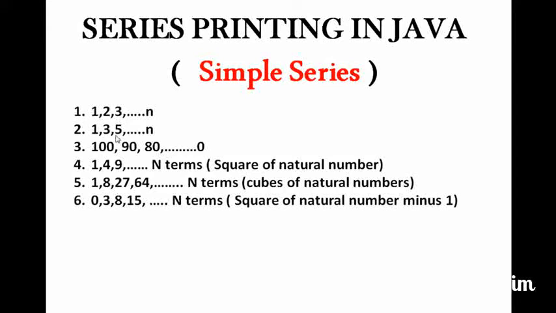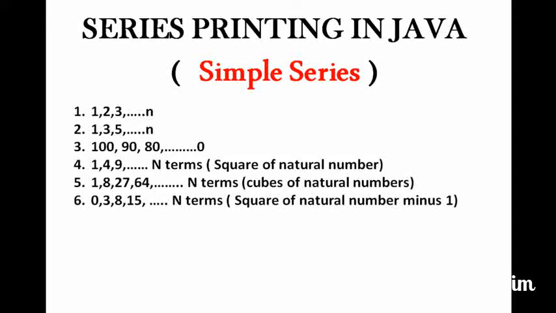If you see the fourth one, it is actually 1 square, 2 square, 3 square until n terms I'm going to print. This is actually square of natural numbers. Next one is cube of natural numbers till n terms I'm printing.